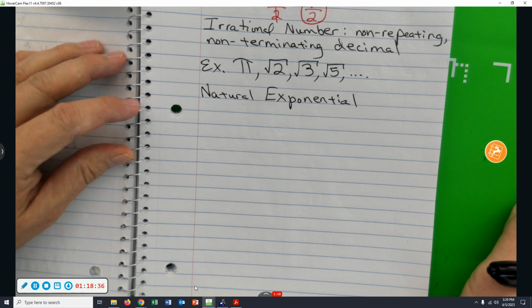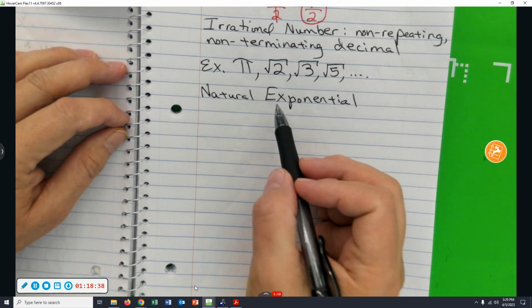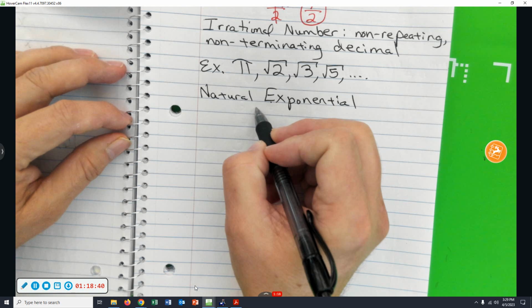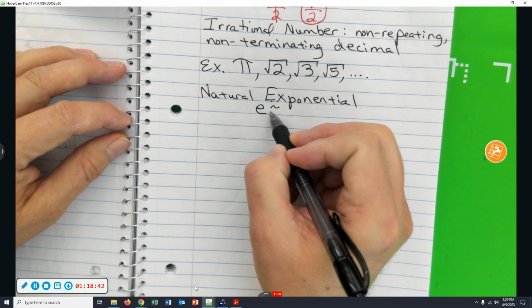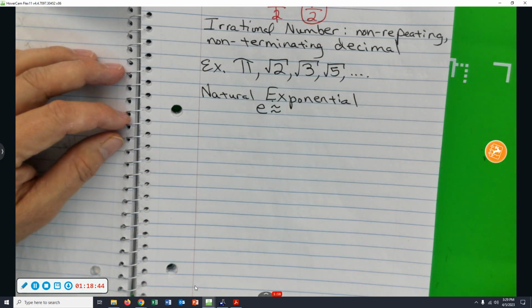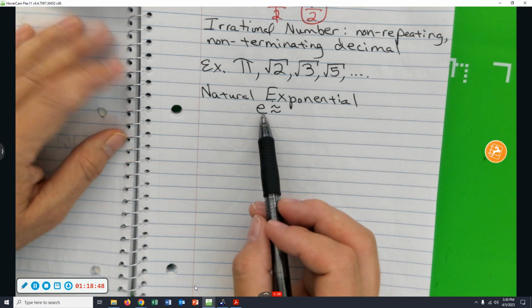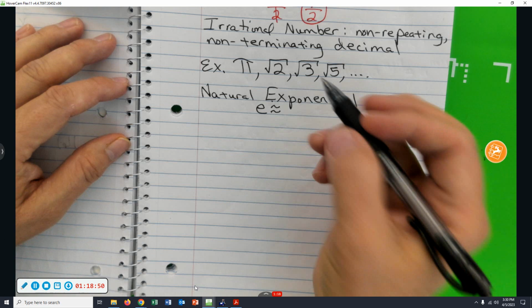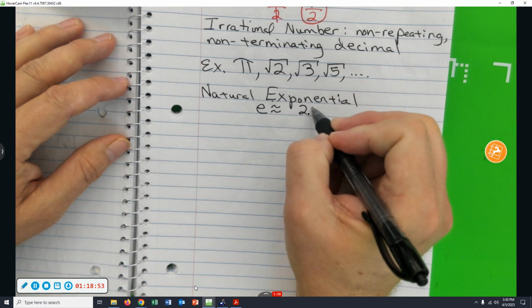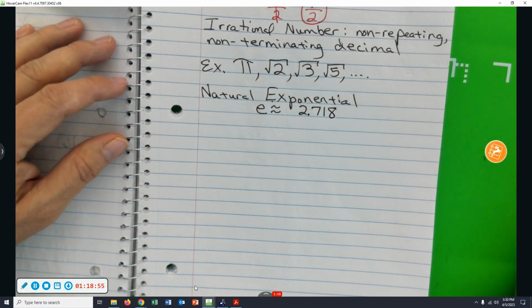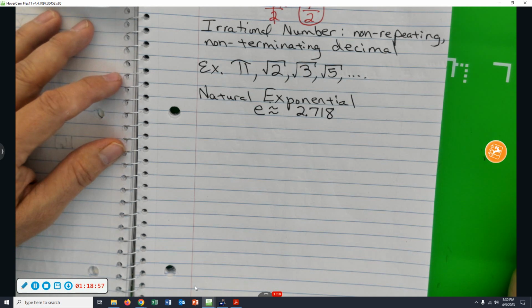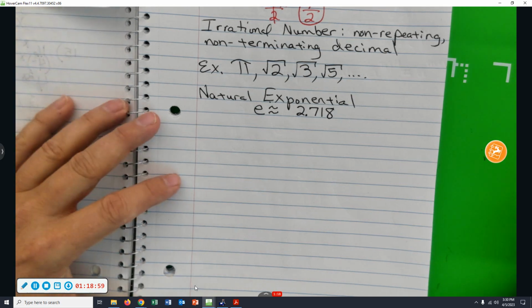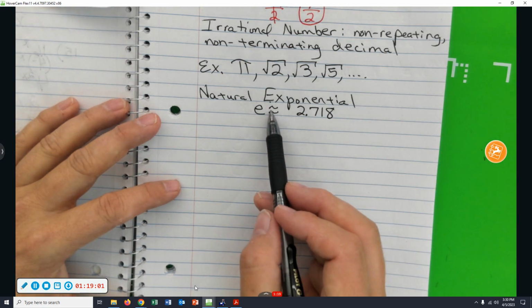We denote the natural exponential using a lowercase letter e, and the approximation, just like pi is approximately 3.14, the approximation for e is approximately 2.718.